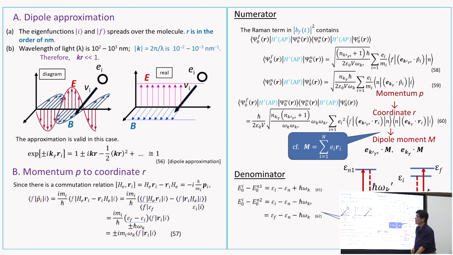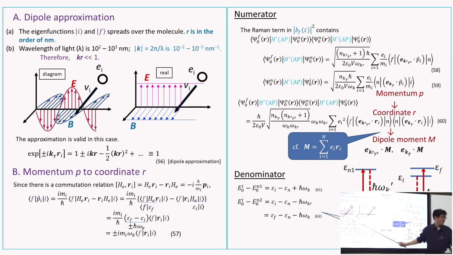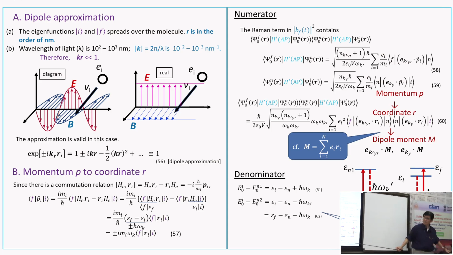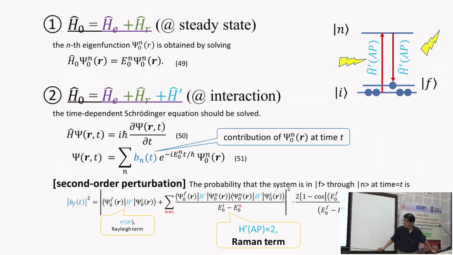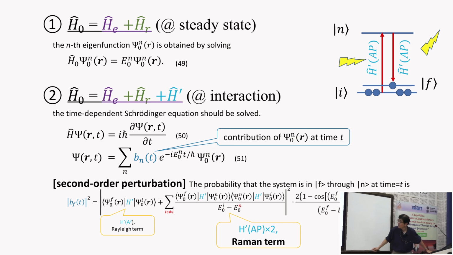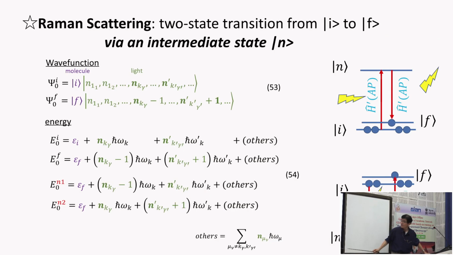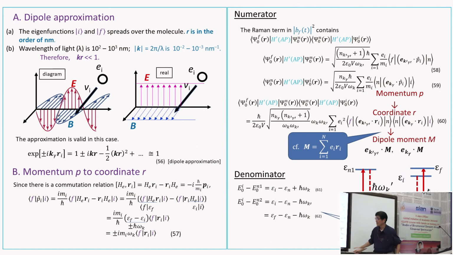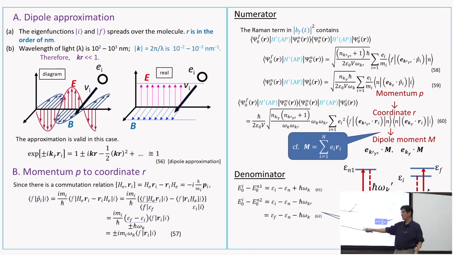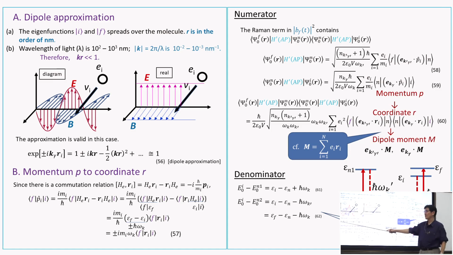Then what happens? Later it appears. But when we consider the exponential function, exponential plus minus ikr, then kr is much smaller than 1.